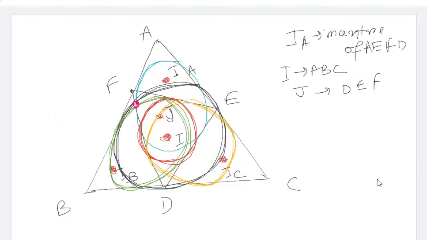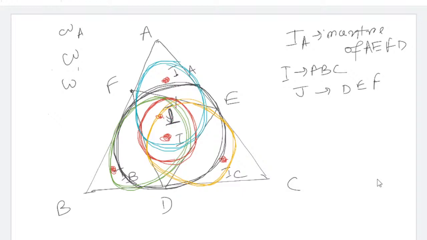Okay. Suppose you call the incircles of AEF and so on omega A, omega B, omega C, and suppose the incircle of ABC is omega and the incircle of DEF is omega dash. Actually, let's rename J to I dash.